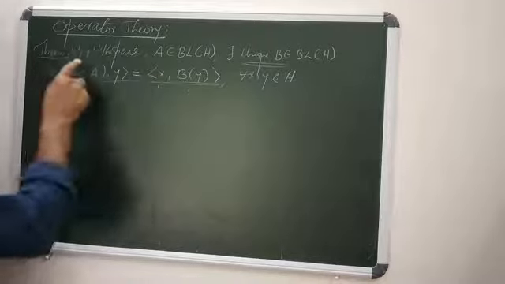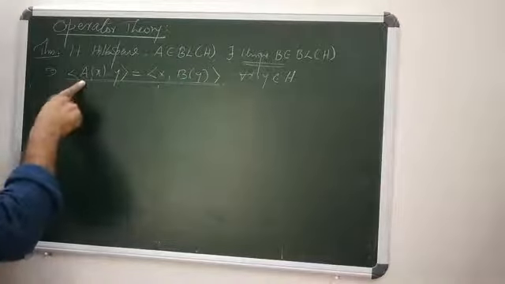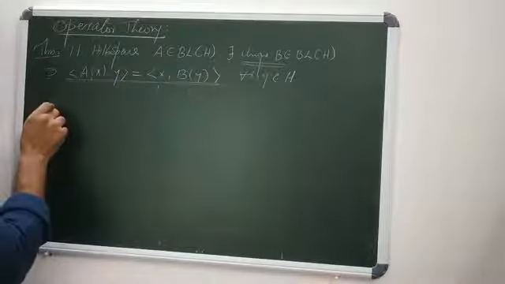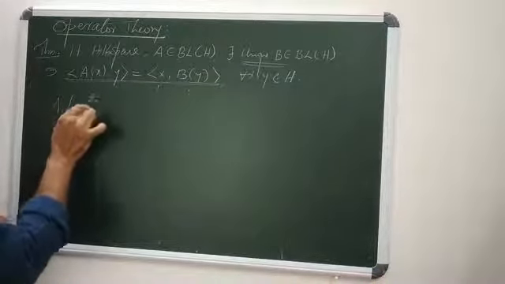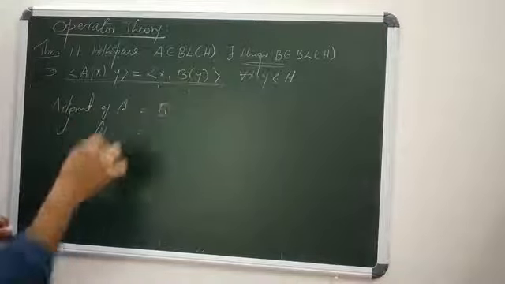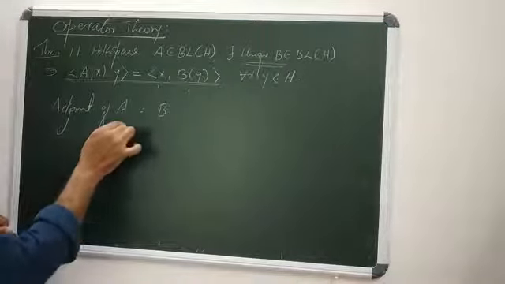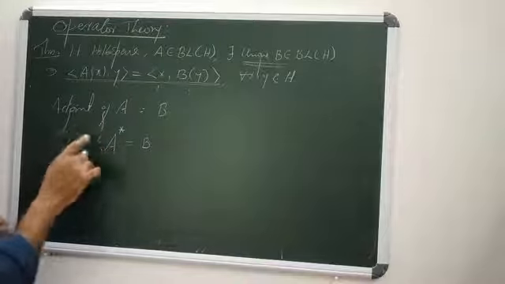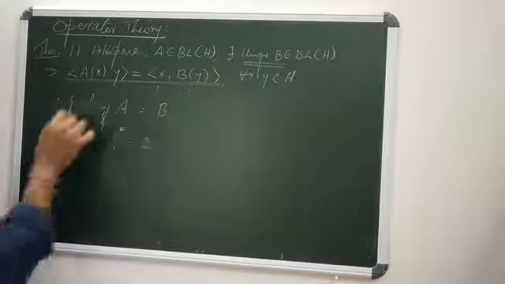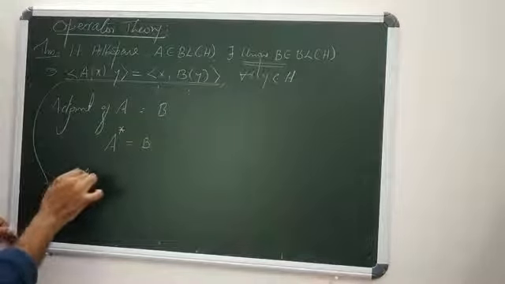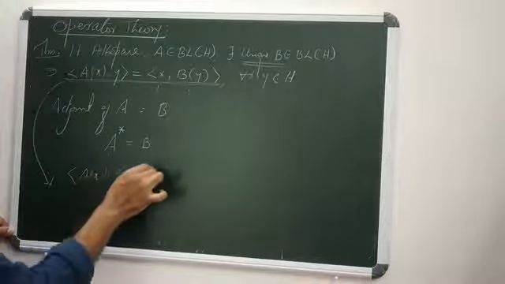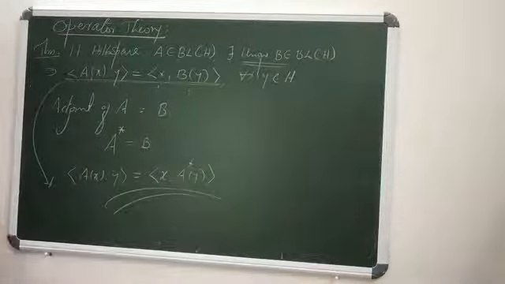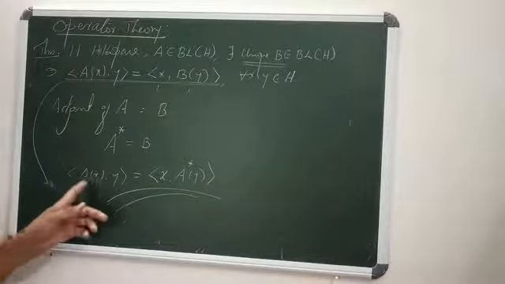Here, B is an operator on H, A is a linear operator, then this B is said to be the adjoint of A. This adjoint of A is usually denoted by A star, so A star equals B. Therefore, this result becomes inner product AXY equals inner product X A star Y.